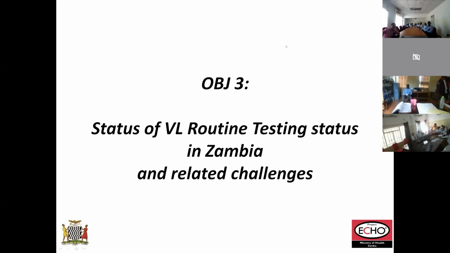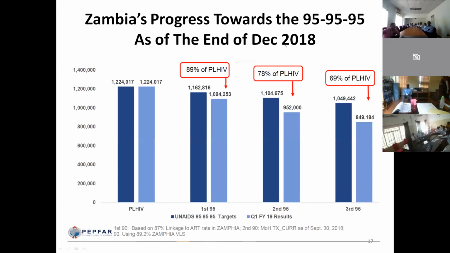Okay. So your third objective. This is a graph that represents the clinical cascade, the 90-90-90s, in Zambia as of the end of 2018. As you can see, Zambia as a country showed about 69-70% viral load suppression among all people living with HIV as of the end of December 2018.